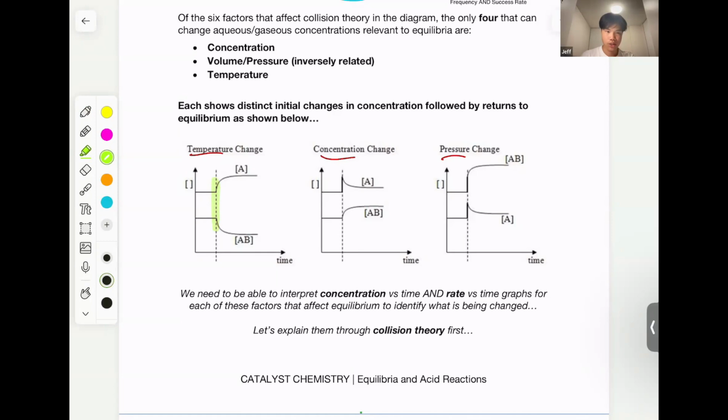A concentration change shows a sudden change in one of the substances and none of the others, because you are adding something into the system, or you're removing one substance. And finally, a pressure change or a volume change will change the concentration of everything in the system in proportion. If you were to halve volume, that would double the concentration of everything.